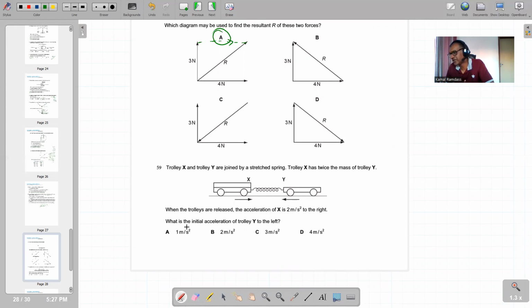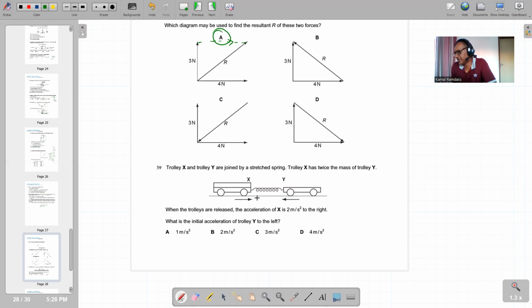What is the initial acceleration of trolley Y to the left? Trolley X has twice the mass of trolley Y, because the forces should cancel each other.